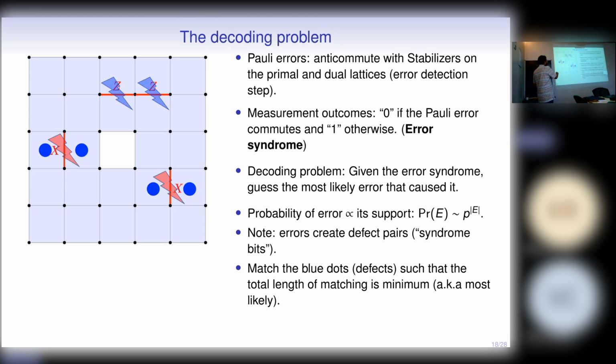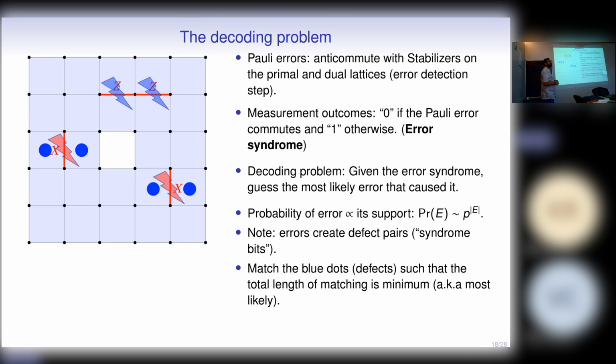But we also acknowledge that, for instance, in this case, the endpoints will be here and here, right? Now we'll ask what error caused this pair of endpoints. Well, you can say this, or you could say, I'm not really sure. It could also have been this, right? Or it could have been this. So there are multiple choices.